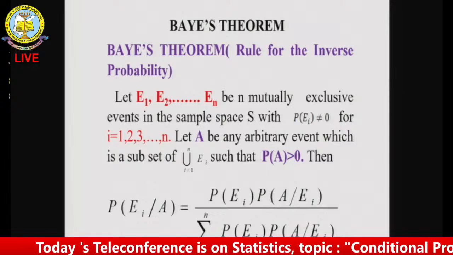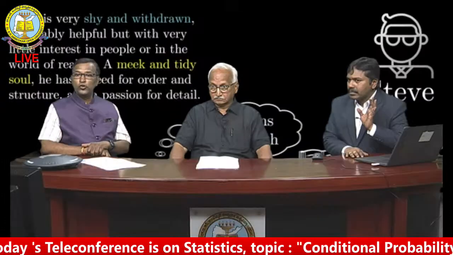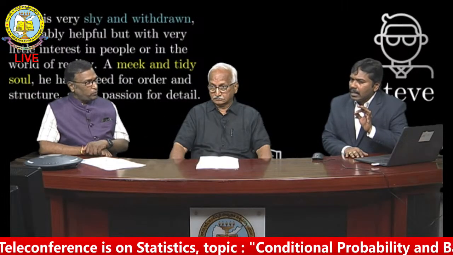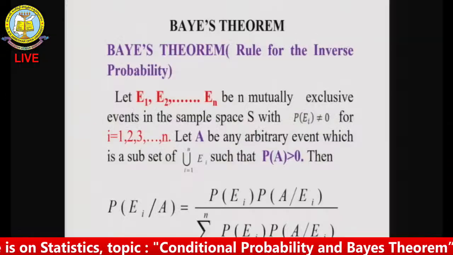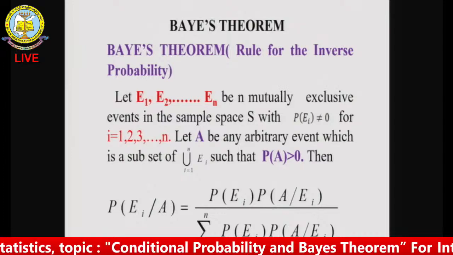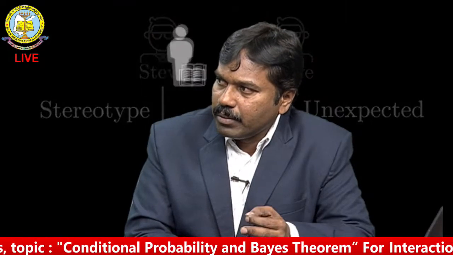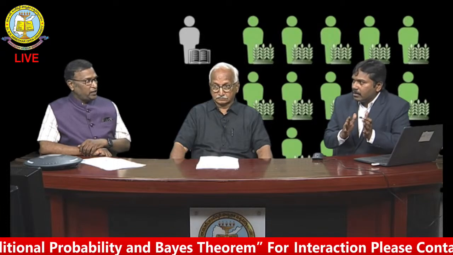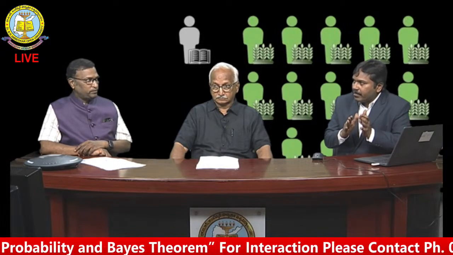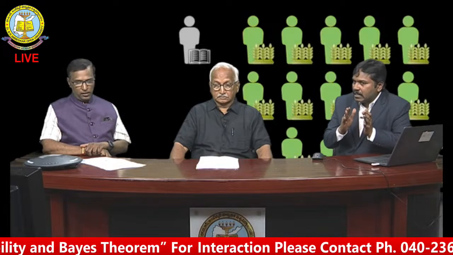Raju sir, why did you say P(Ei) not equal to 0? If it is equal to 0, what is the problem? That means if any is equal to 0, we can't identify the estimated value. The total value goes to 0, so we cannot find the value of the given statement.